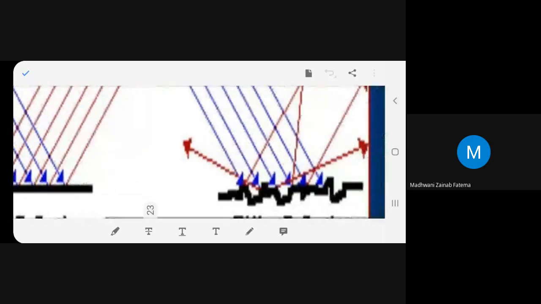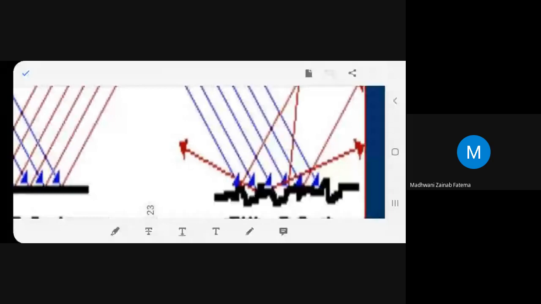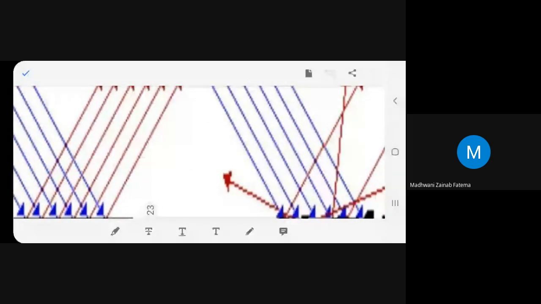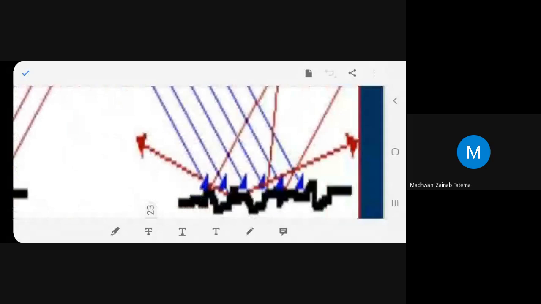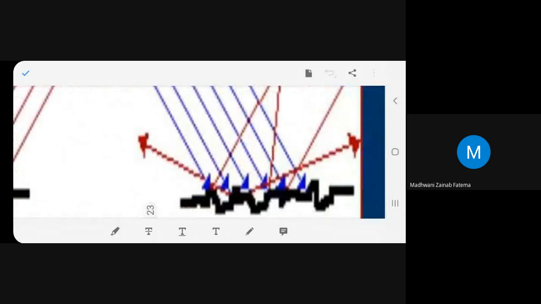In a rough surface, you get diffuse reflection. In this, you can get a clear-cut picture. You can see the image very nicely. Whereas in diffuse reflection, the image will be blurred. The image will not be clear. You understand? Because it is diffuse. Okay.